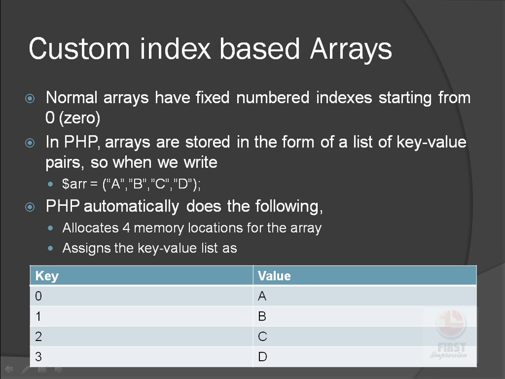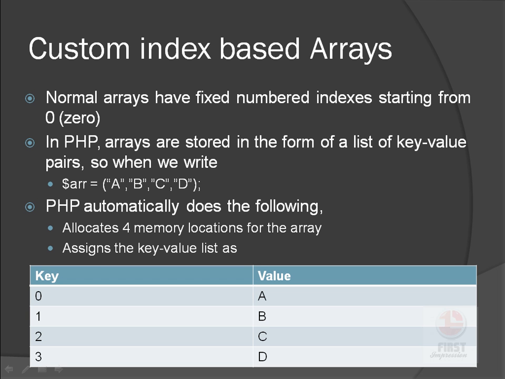The first key will be 0 and its value will be A. The second key will be 1, the value will be B. Then the key will be 2, the value will be C, and the key will be 3 and the value will be D. We have heard about key value pairs when we used to pass bundles. Similarly over here, whatever array you initialize, that array will contain keys and values. The key will be the index of the array and the value will be the value at that index.